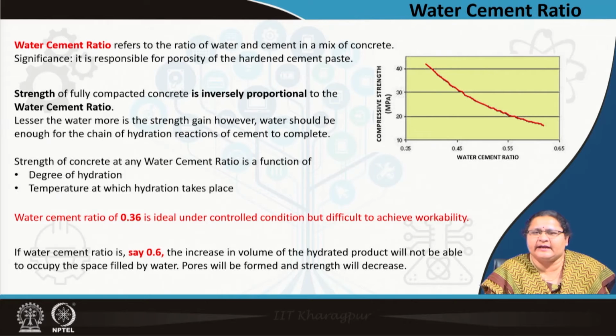So, for any kind of construction, it is always preferred, as I showed you, to remain between 0.4 to 0.55, 0.6 maximum, but not beyond that. And remember, the higher the amount of water, the lesser is the strength. You are reducing the strength.